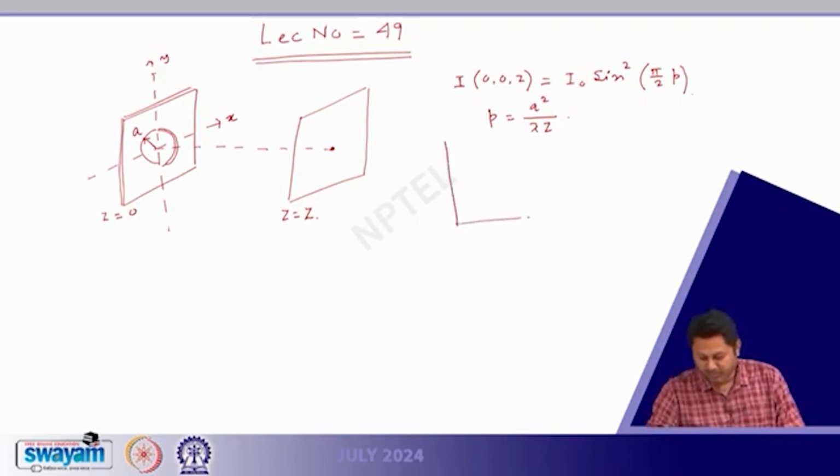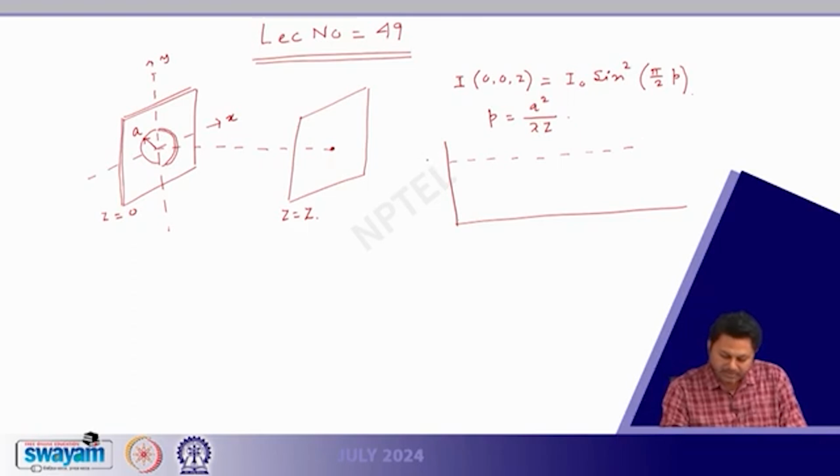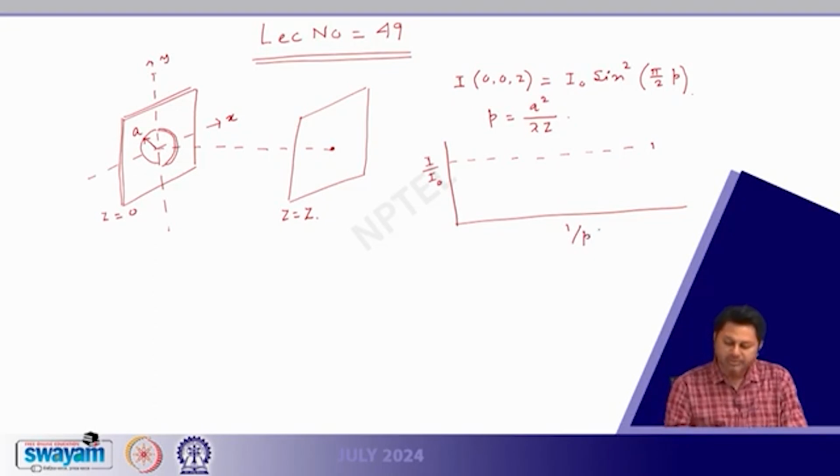A typical looking plot was there. The plot was I divided by I naught, plotted as a function of 1 by p, not p but 1 by p, to show how it changes as a function of z.